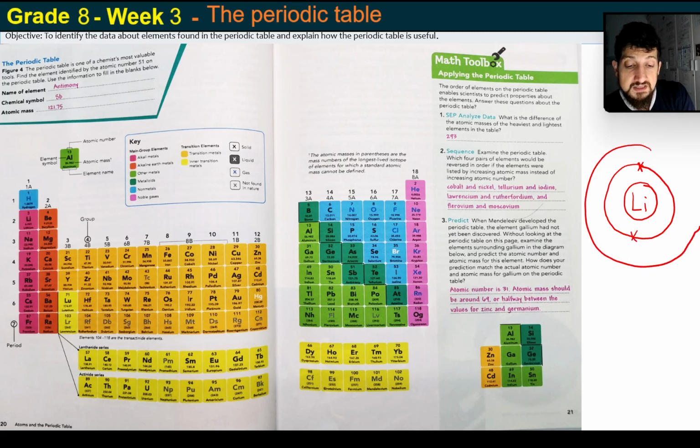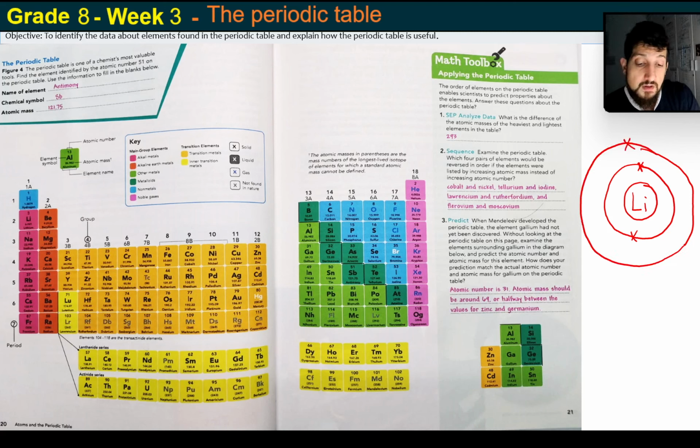This is lithium, for example, and lithium has 2 energy levels, or 2 orbits, so 2 shells. We've got the one on the inside with 2 electrons, and the one on the outside with 1 electron only. Now, why does it have 1 electron only?